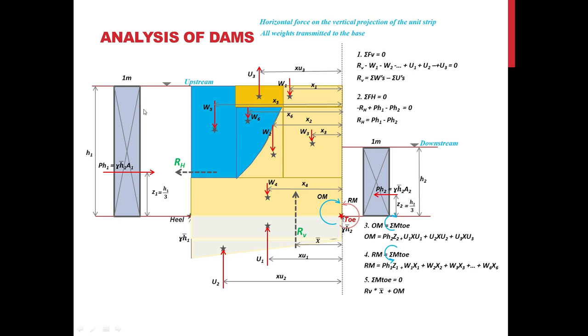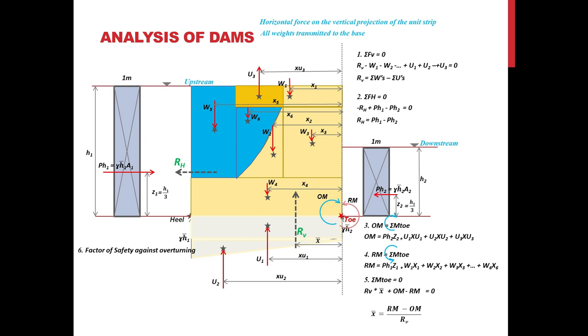And then we add the overturning moment, which is also along its direction. We also less the righting moment against the direction of the overturning moment, that is counterclockwise, equal to 0. So here we can locate the vertical resultant that is intersecting the base of the dam. So this is equal to the righting moment minus the overturning moment all over the vertical resultant.